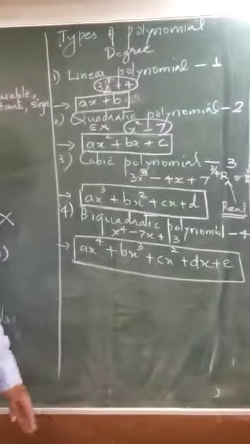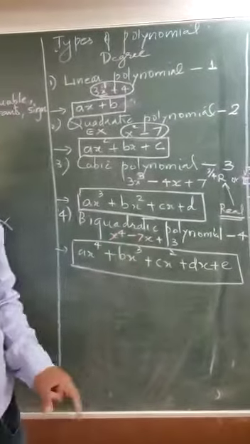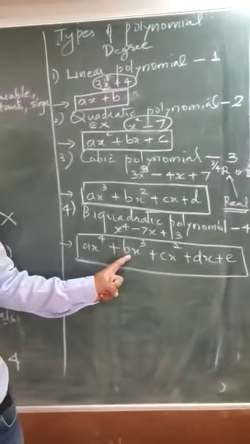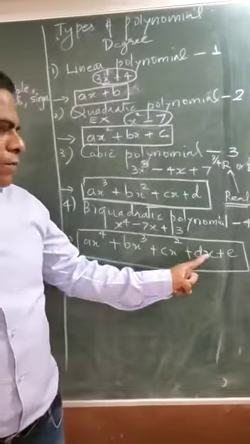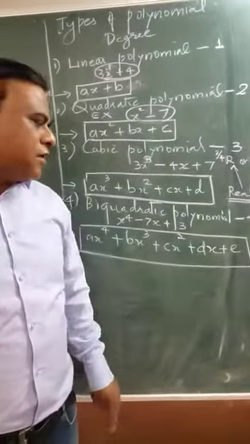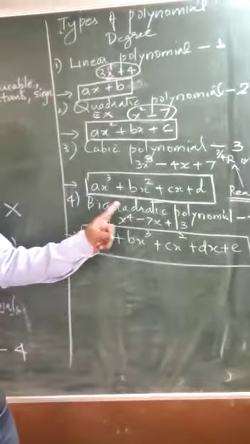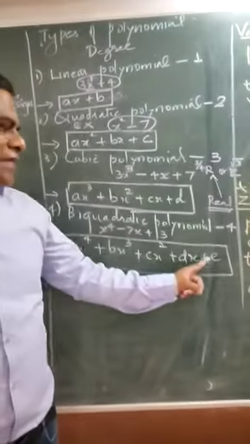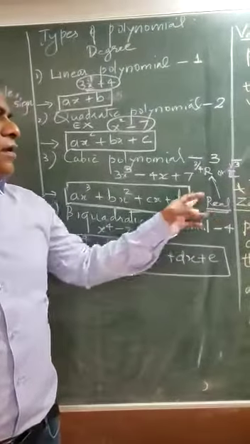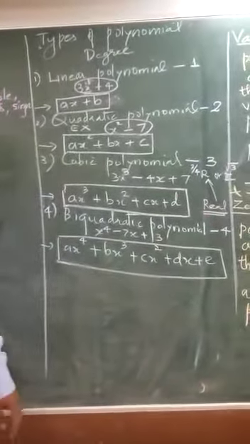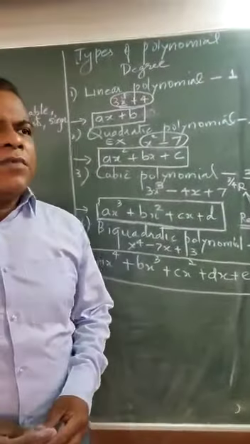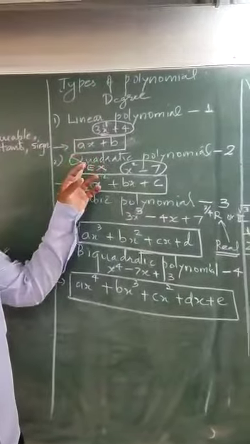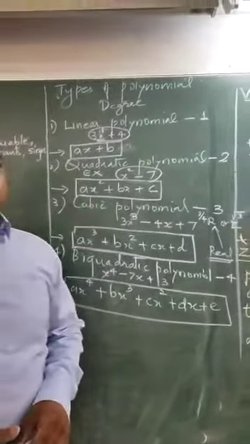The standard or the general form of biquadratic polynomial is given by ax raised to power 4 plus bx cube plus cx square plus dx plus e. This is a standard form of biquadratic polynomial where a, b, c, d and e are all real numbers. In class 10, we have to remember the first three polynomials, that is linear polynomial, quadratic polynomial and cubic polynomial.